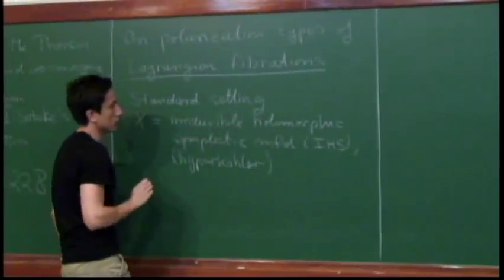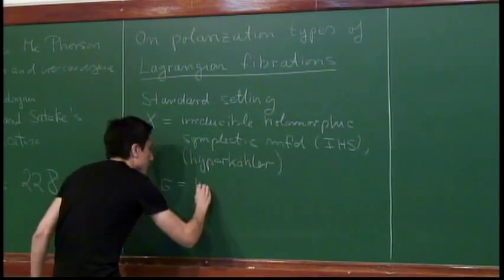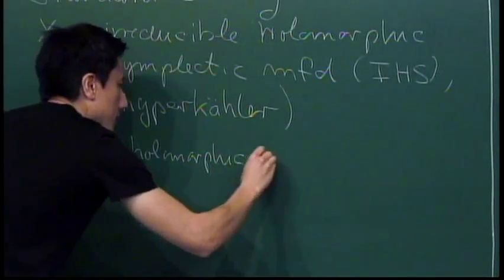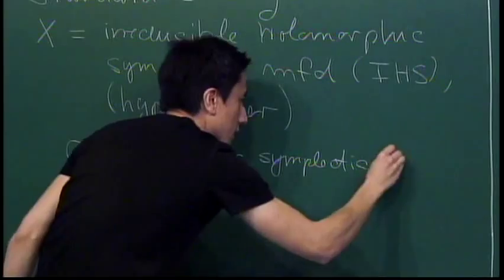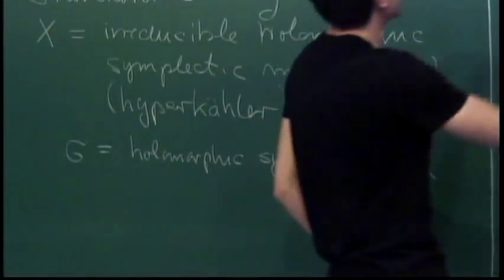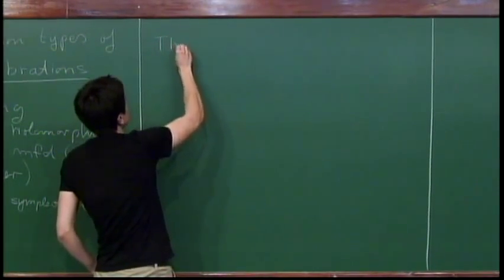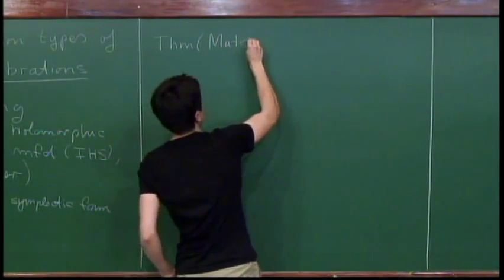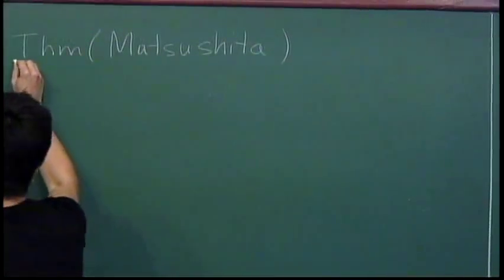So we have here holomorphic symplectic manifolds. So I denote by sigma the holomorphic symplectic form. So, instead of giving you the definition of a Lagrangian fibration, I just give you a result by Matsushita. And this is actually quite remarkable.